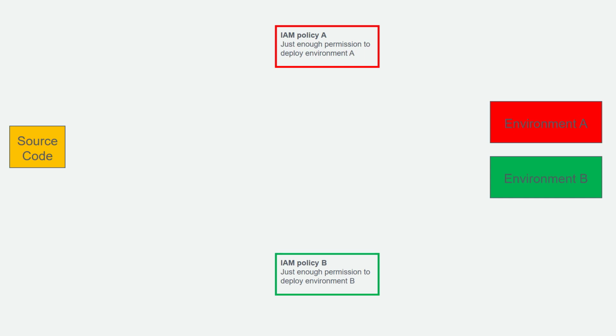And you have an environment B where you want to grant an IAM policy B just enough permission to access this environment. So anybody who is going to deploy into these environments needs to get those permissions to deploy into them. So there are multiple ways to do that.